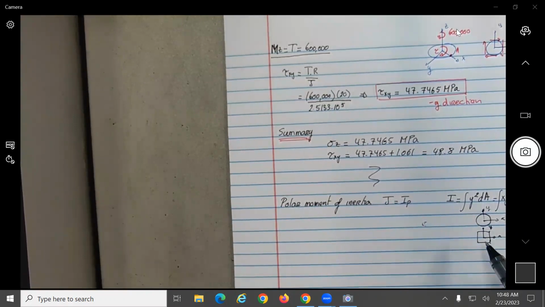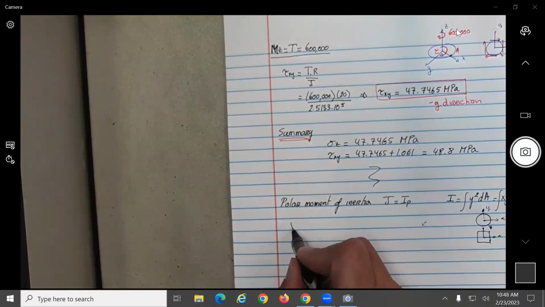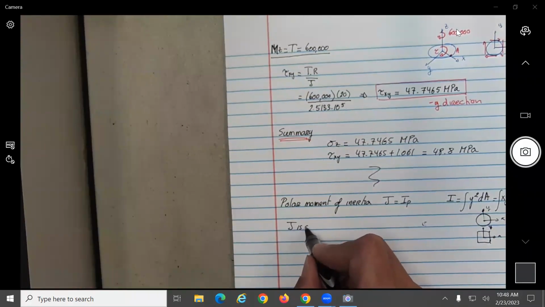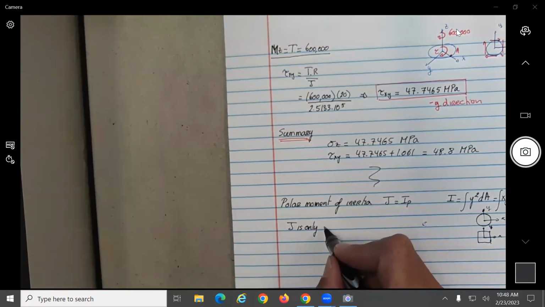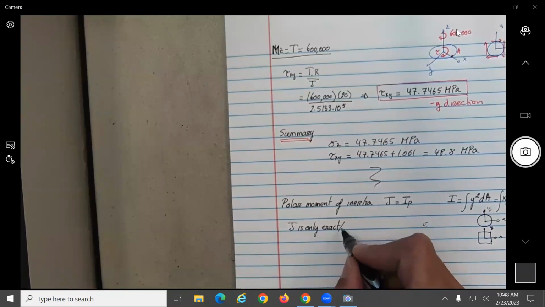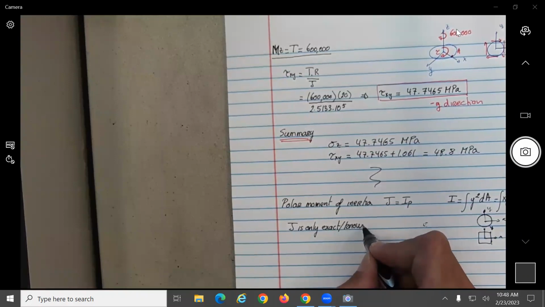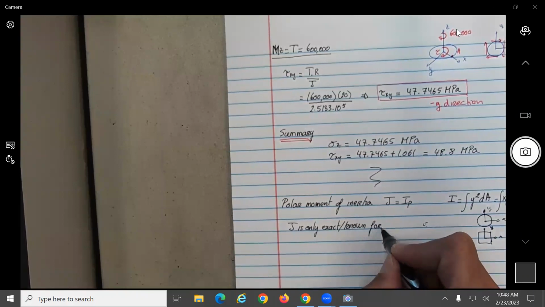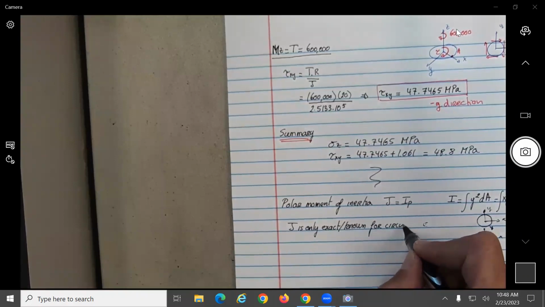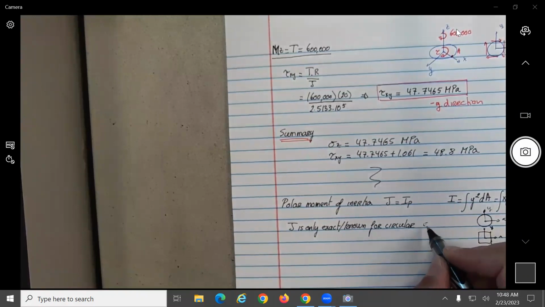So for example, the polar moment J is only exact, or known, for a circular cross section.